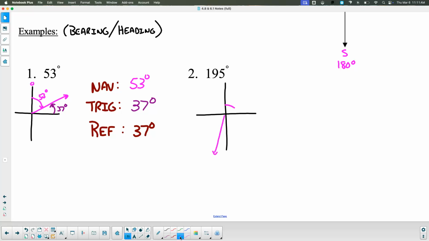So this angle right here is 195 degrees. That is my navigation angle, 195 degrees.